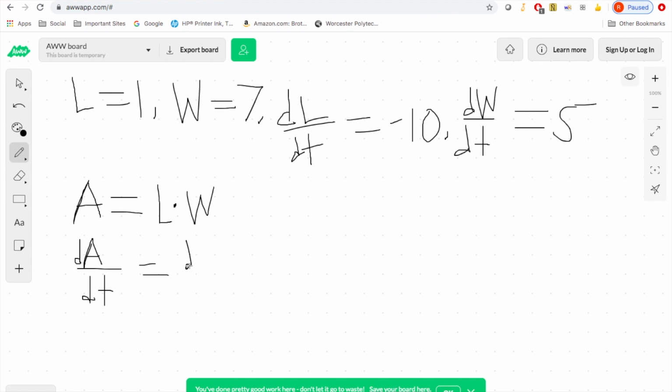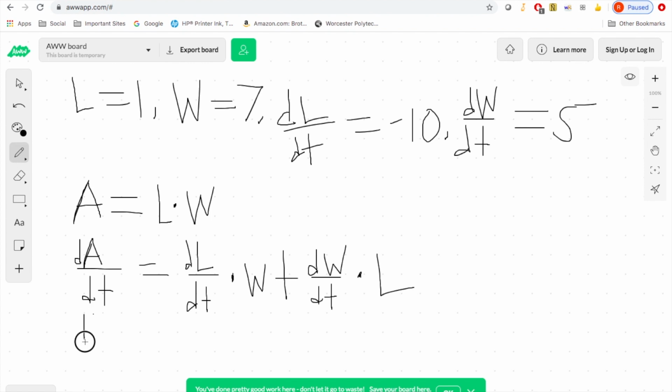Well, it's going to be dl dt times the width, w, plus, what's the derivative of the width? Well, it's just dw dt, because it's changing with respect to time, even though we don't have units, times the length, of course. You might not believe it, but we have essentially just solved this, because now all we have to do is plug in our values.